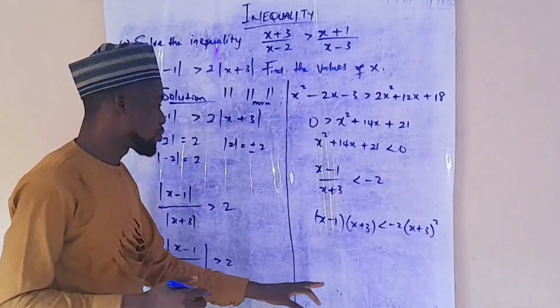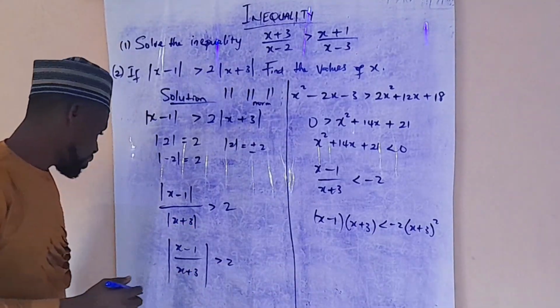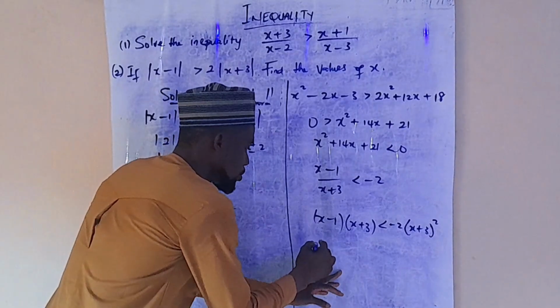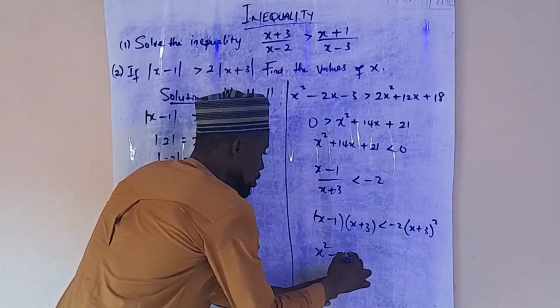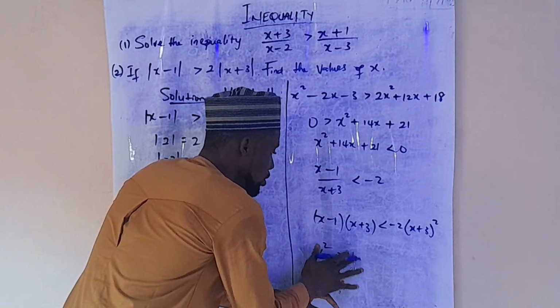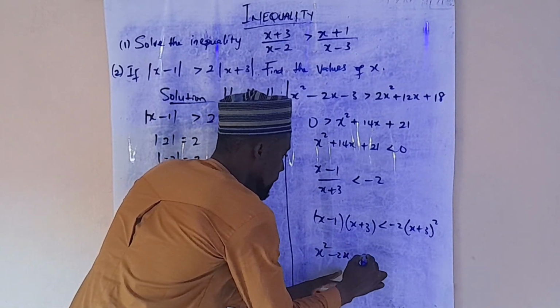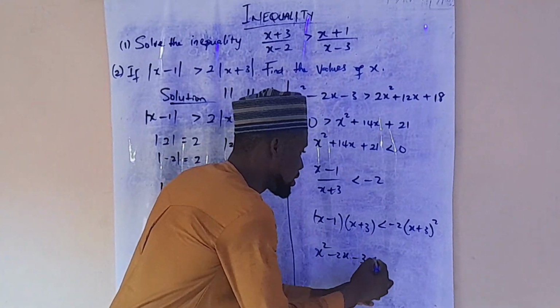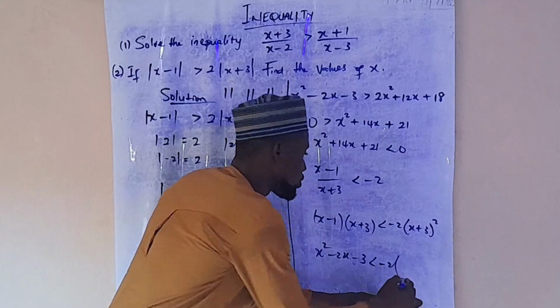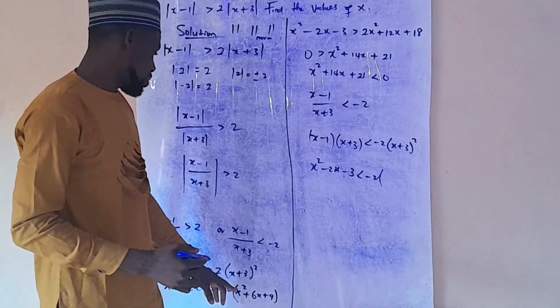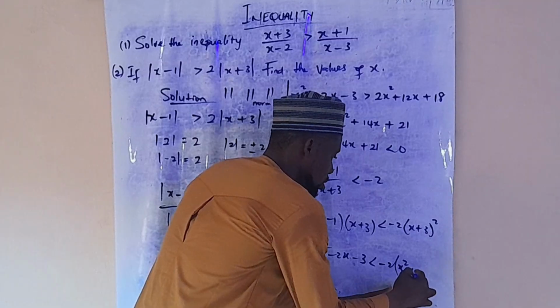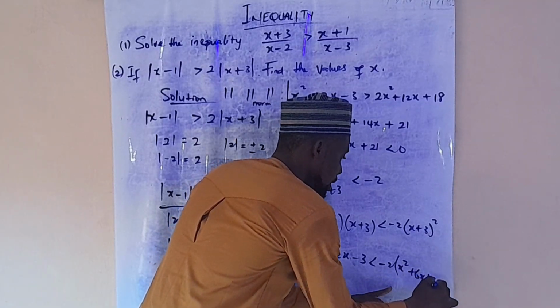At this point, I will expand also. When I expanded here, I had x squared minus 2x minus 3, less than minus 2 into x squared plus 6x plus 9.